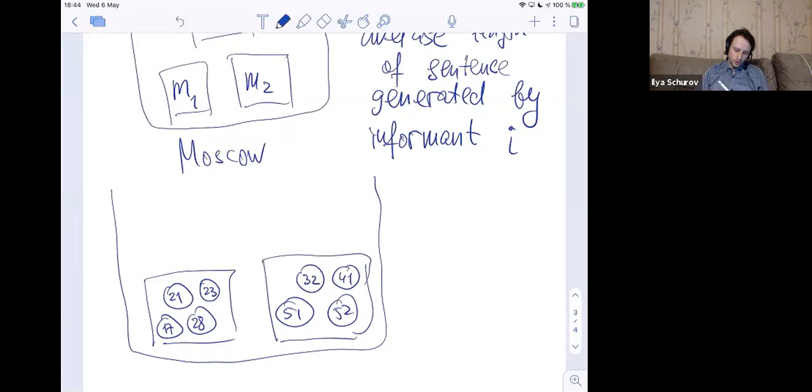And on each of these boxes, I have a label. So this is M1, for example, 23, and this is M2, for example, 45, and so on.